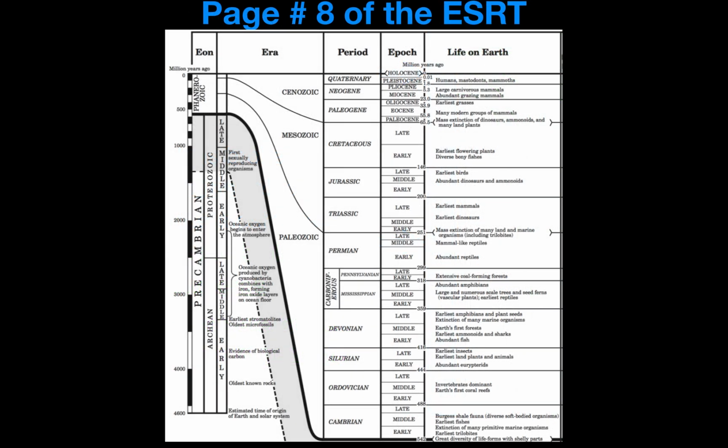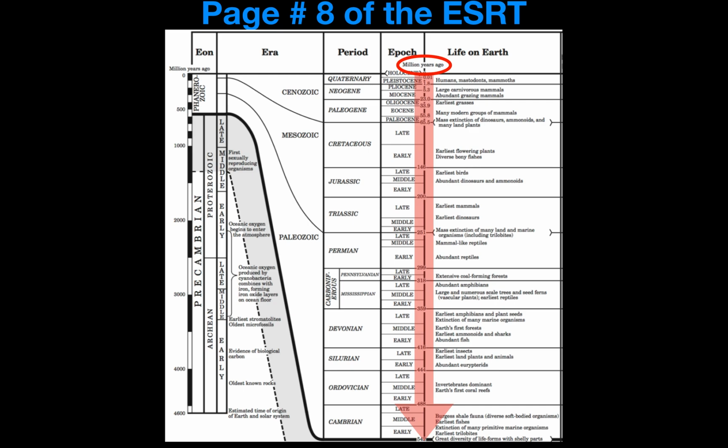So now we're going to look at a specific column of this chart on page 8 of your reference table, and specifically, we need to first understand how this chart is structured. First I want you to focus on where it says millions of years ago, and then below that we have all of these numbers. That's showing you how far into the past, and every number is represented in terms of millions of years.